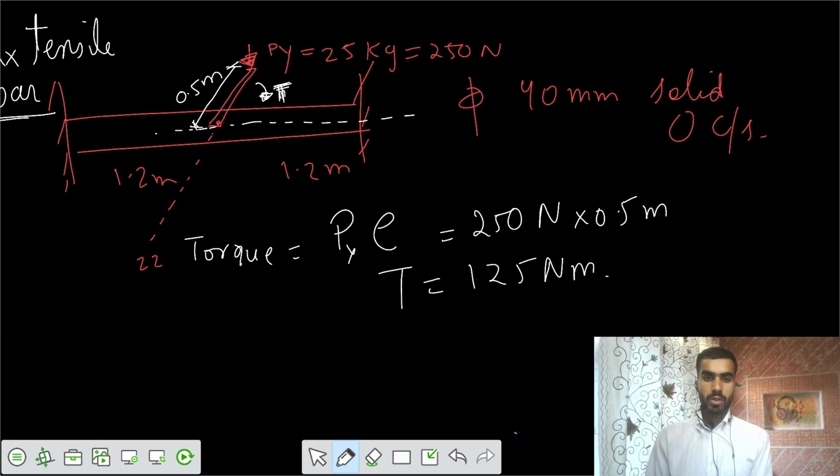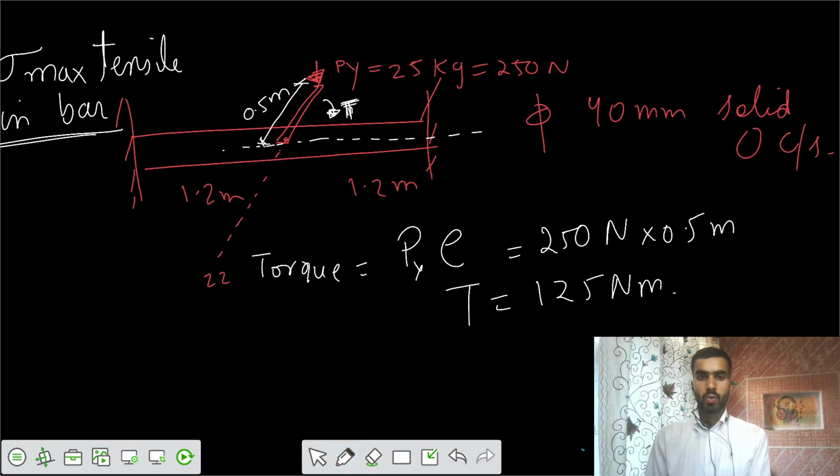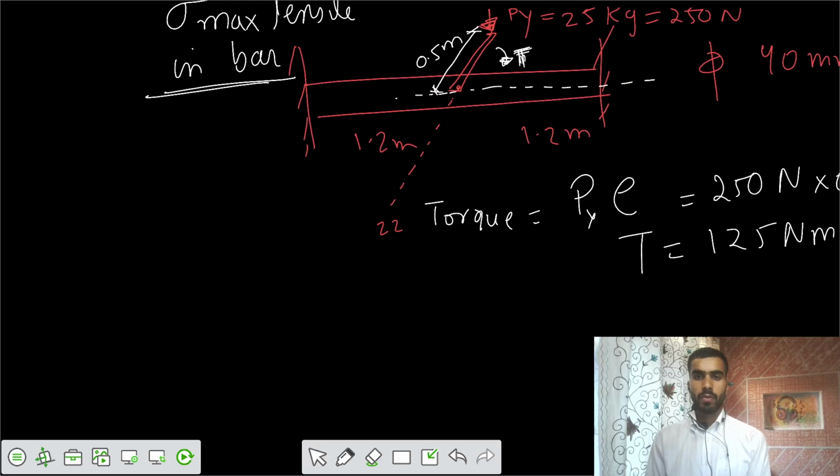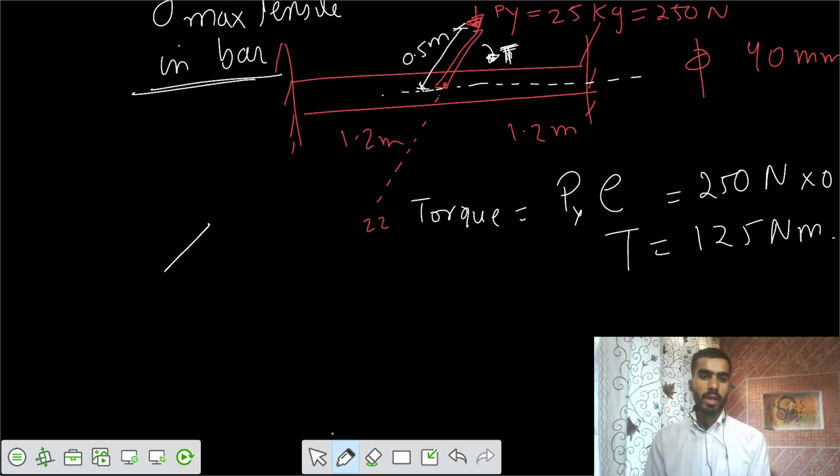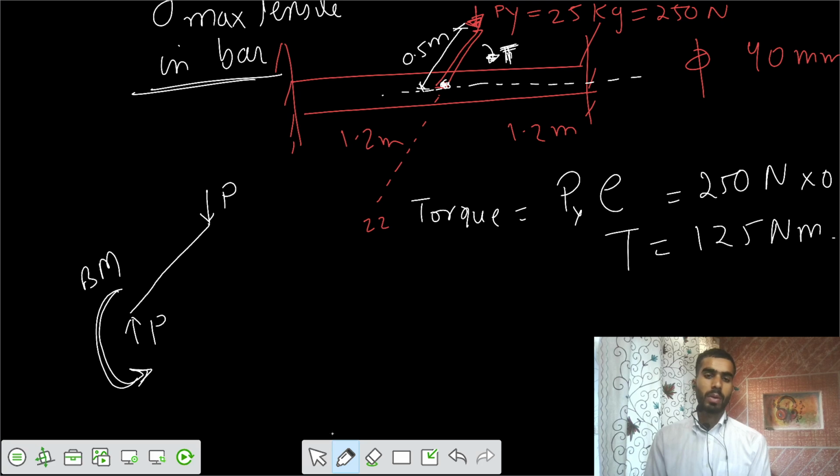Now one more thing is that if you take the free body diagram of this bracket, you are applying a load of P here, and the same would be resisted at this point on the bar. This is also P, and a bending moment is developed in the bracket, equal to P into e.